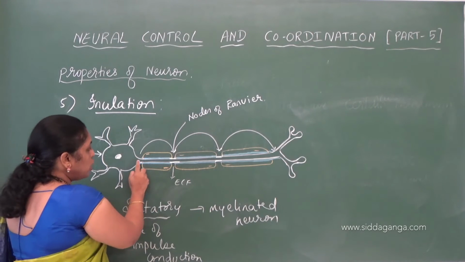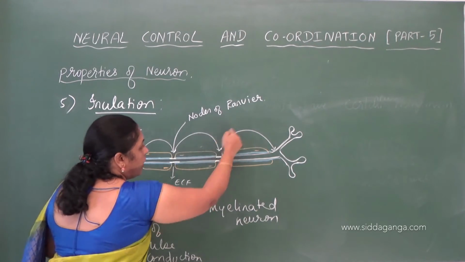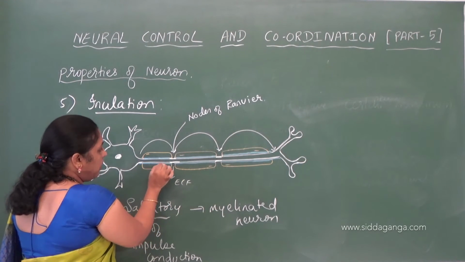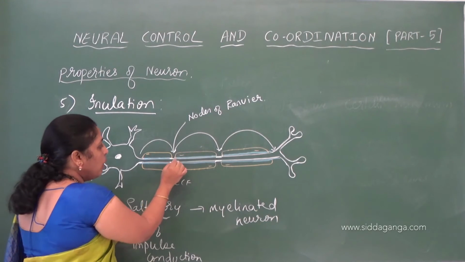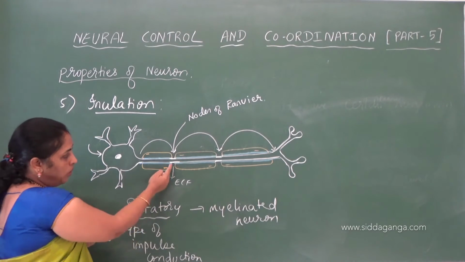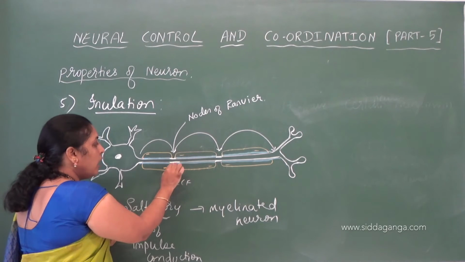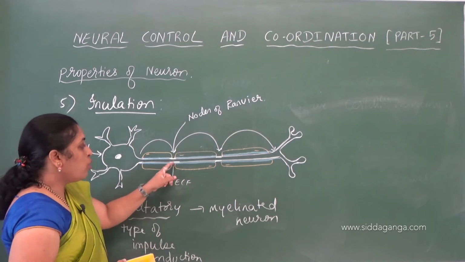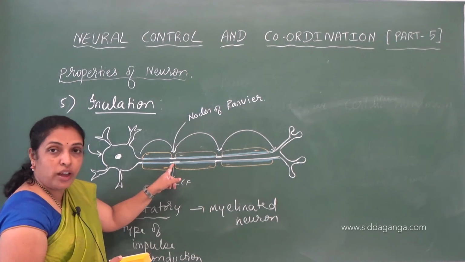So, the action potential shifts from one node of Ranvier to another node of Ranvier, because this part is not in contact with the extracellular fluid. Only at the nodes of Ranvier is the axolemma in contact with the extracellular fluid. There we see movement of sodium ions into the axoplasm, and generation of action potential.